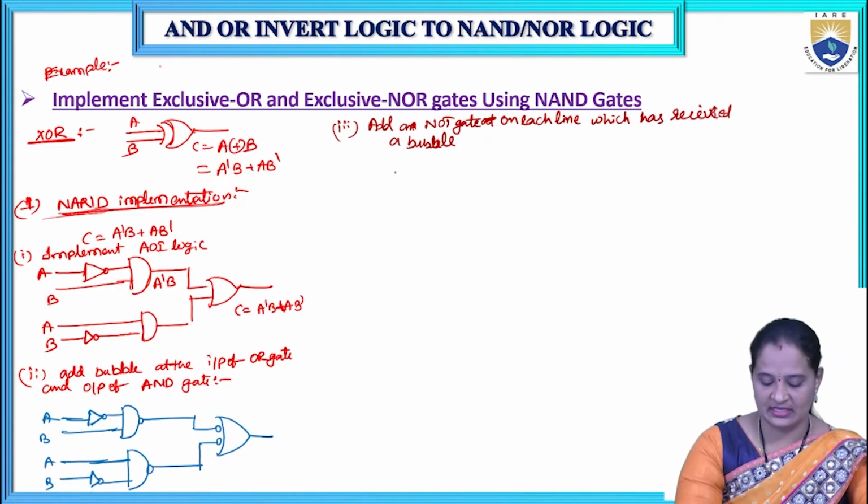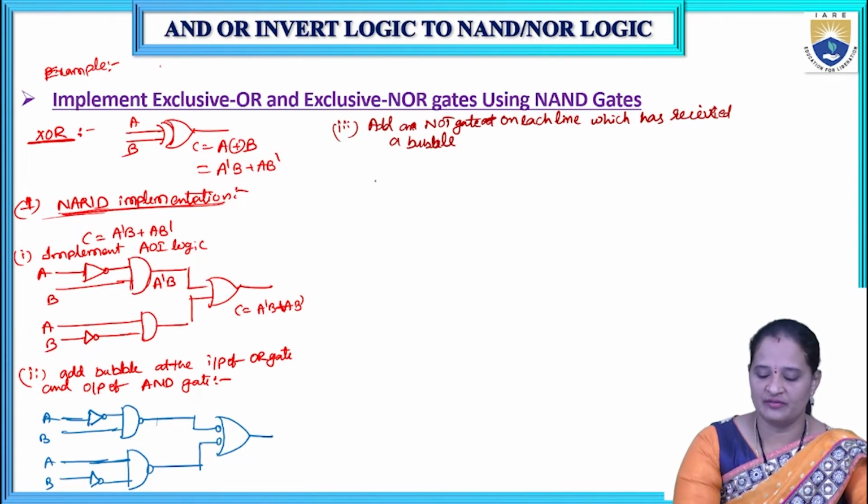Does the first line have any bubble here? No, so we don't need to place any inverter here. Even this line has not received any bubble. Whereas this line has received a bubble here, so we need to place an inverter. And this line also received one, so as it has received two bubbles, we need to place two inverters here.